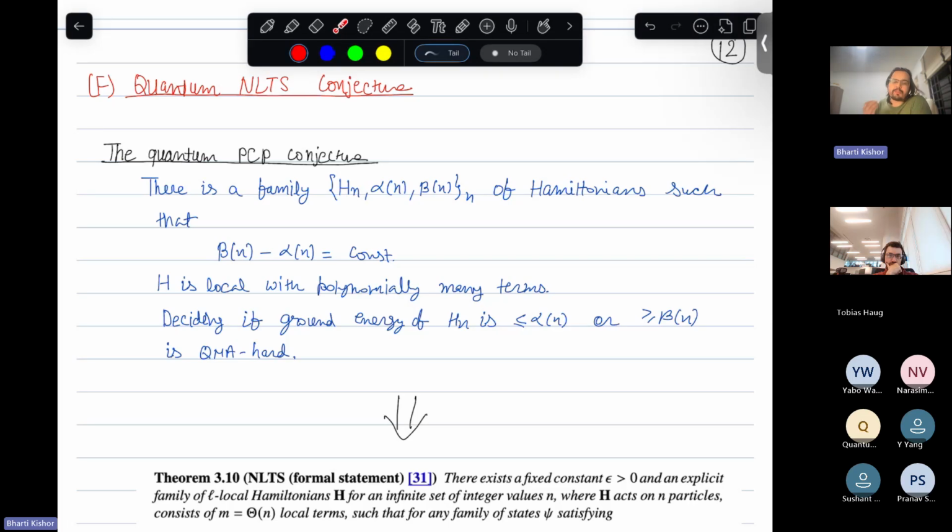One of the definitions of triviality that was proposed, I think by Freedman and Hastings, was that you cannot represent the state using constant depth circuits. So basically, the conjecture was that there exists a Hamiltonian such that none of its low energy states are trivial. You cannot represent them using a constant depth circuit.